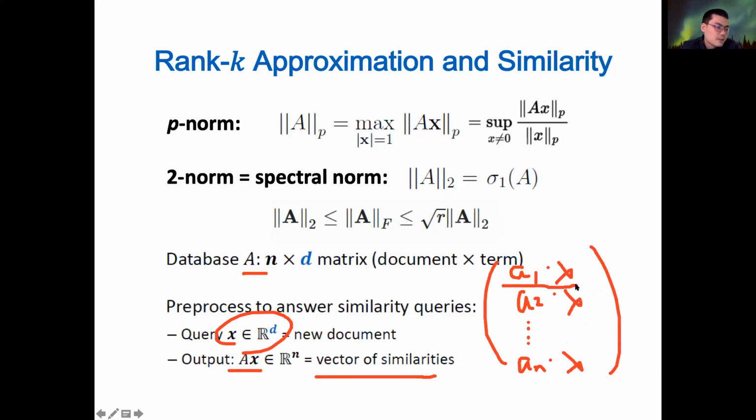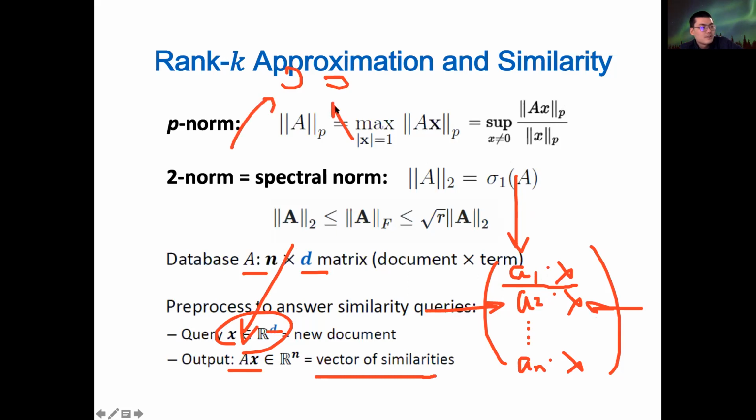And what is this? This is the inner product of the first article and the new article. This is the inner product of the second article and the new article. And the inner product does reflect the similarity, because both are d-dimensional, and they are word co-occurrences. If two words co-occur, you have the counts and you multiply them, and sum with the other words.